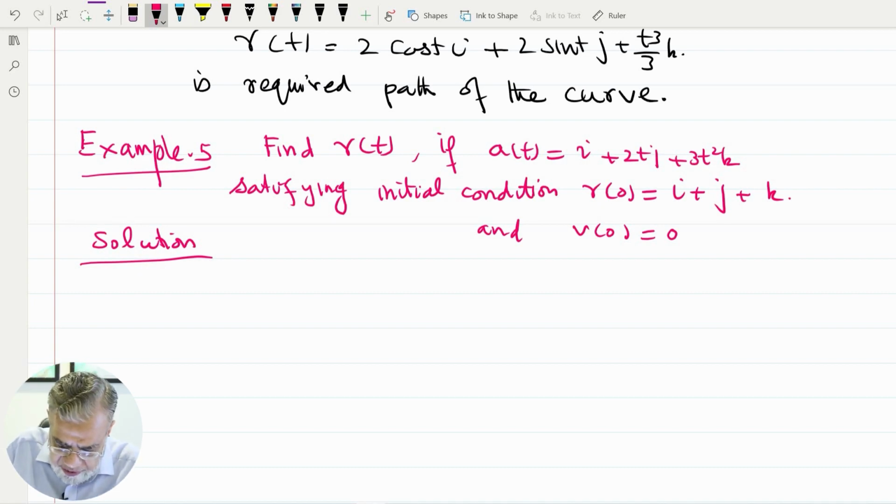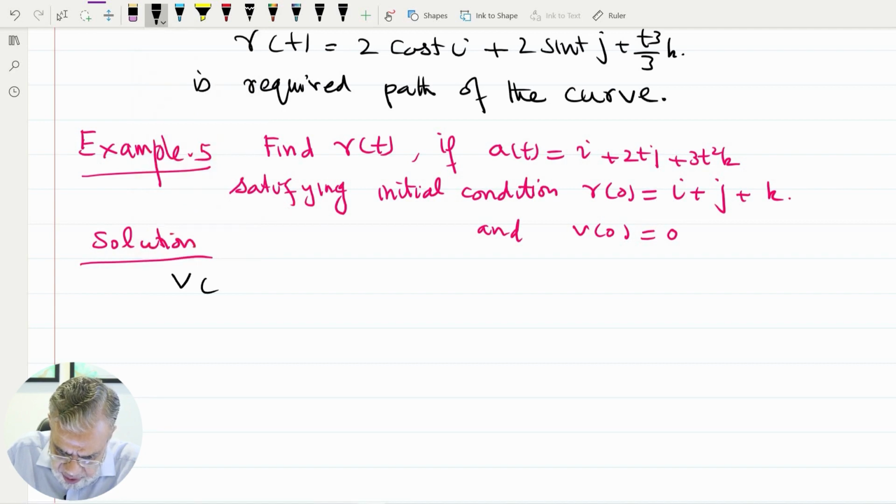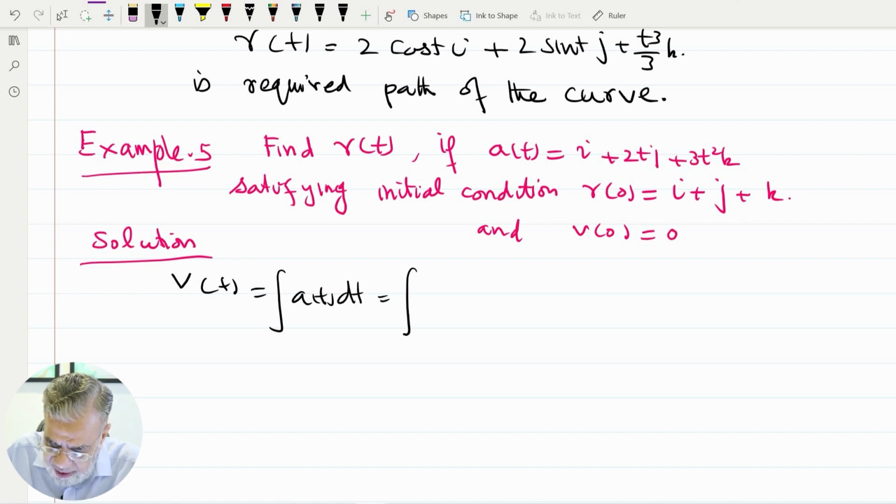So we know v of t is the integration of our a of t. The velocity is equal to the integral of a of t dt. Now what's my a of t? a of t is i plus 2t j plus 3t square k, times dt.